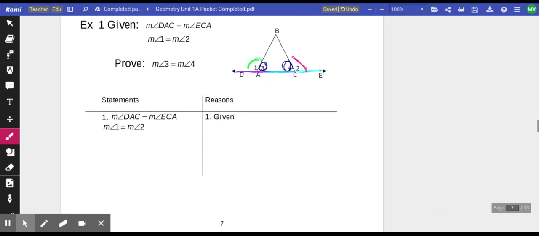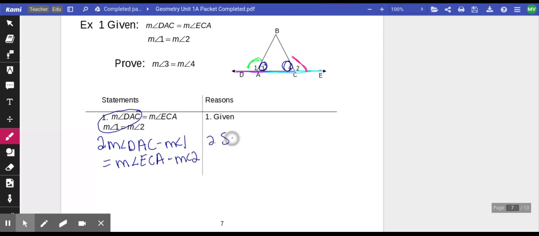Step 1 is to write my givens. Step 2 is I'm going to say the measure of angle DAC minus the measure of angle 1, subtracting the left, is equal to, I'm going to subtract the right, the measure of angle ECA minus the measure of angle 2.